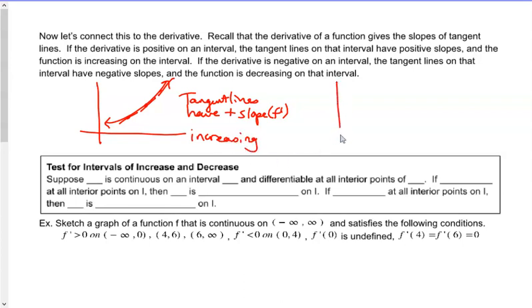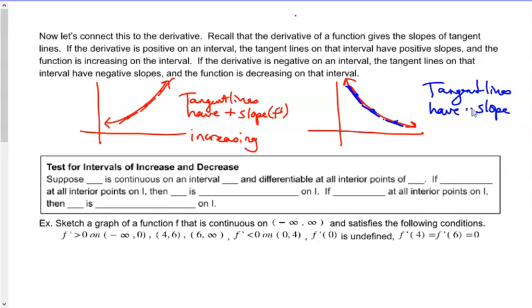But if we have a decreasing function, and I project the idea of my tangent lines, maybe I change my color here, each one of those has a slope that is negative. So tangent lines have negative slope, and that is, remember, the derivative, and this is for a decreasing function.